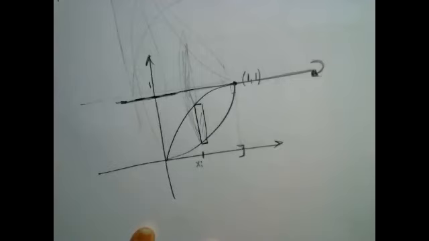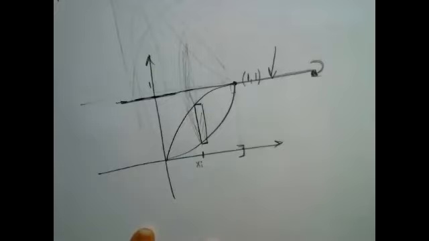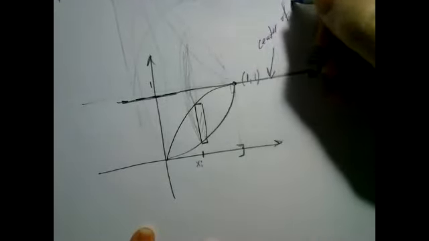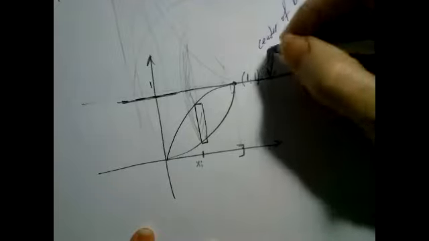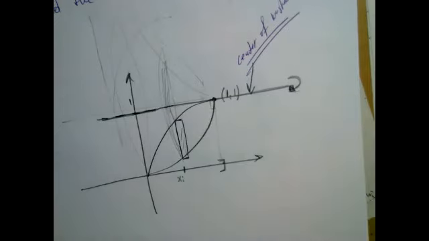Each one of you figure out what's going to be the inner radius, figure out the outer radius. Remember, the center of the washer is right here on this axis. Now I'm going to keep quiet and let you think.